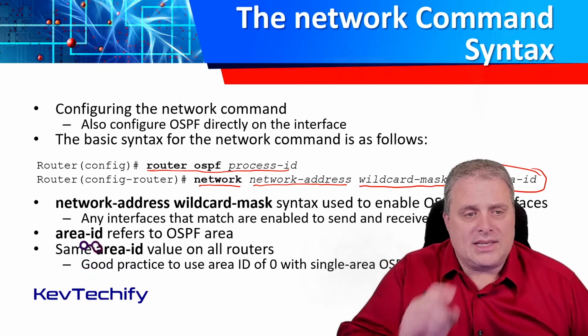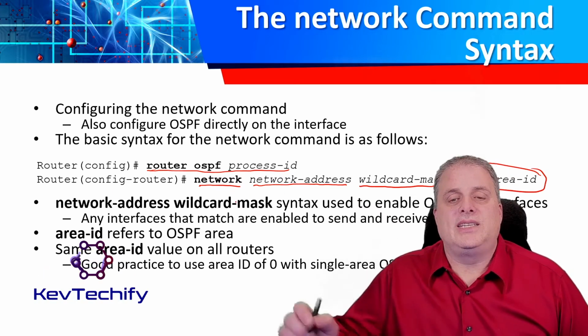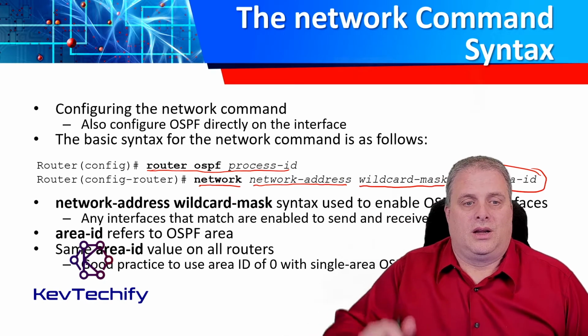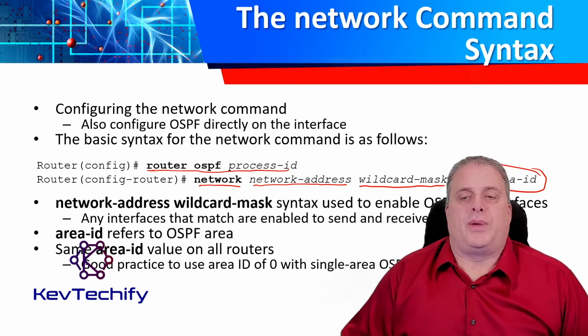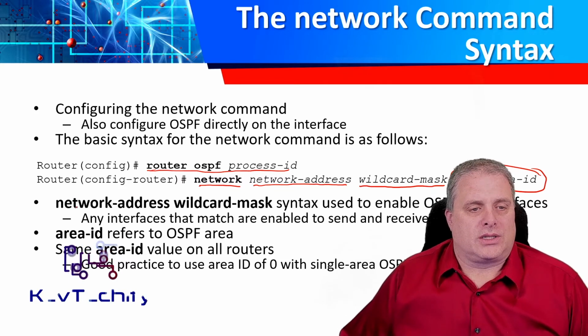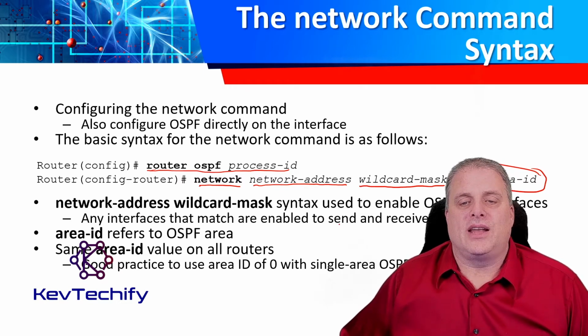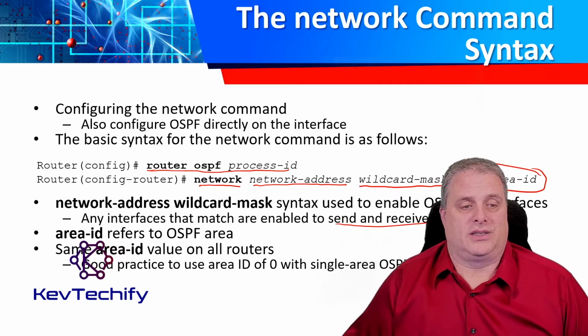Now, this network and wildcard mask, this is the syntax that is used to enable OSPF on interfaces. Any interface that matches this is enabled to send OSPF packets. And so the network address needs to contain the IP addresses of the interfaces. When it does, then we can send and receive OSPF packets on those interfaces.